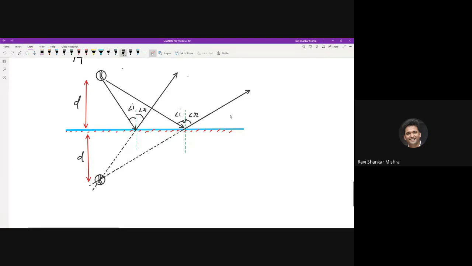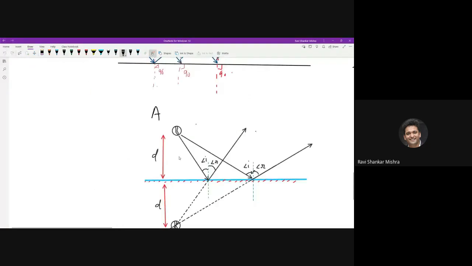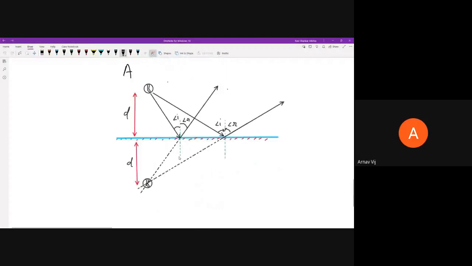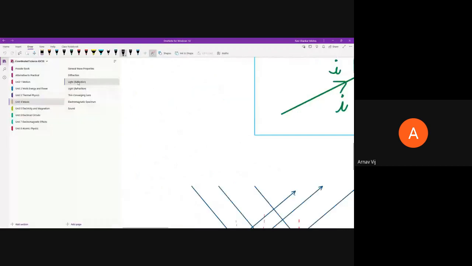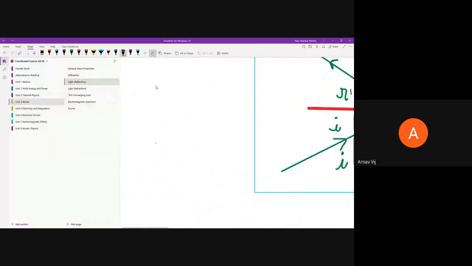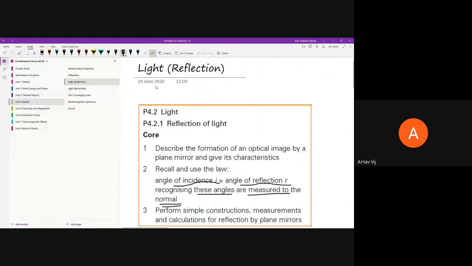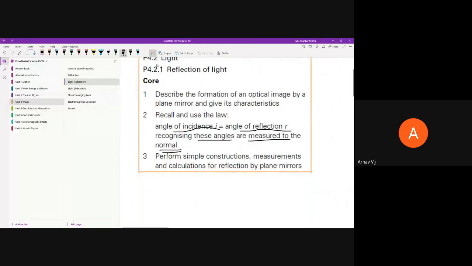Aryan, will you continue? Sure, sir. Who's that? Sir, can you hear me? No, Tanish, you are not audible, beta.